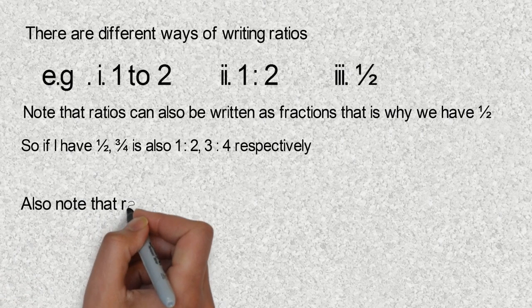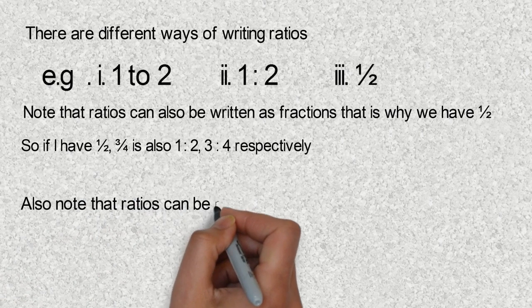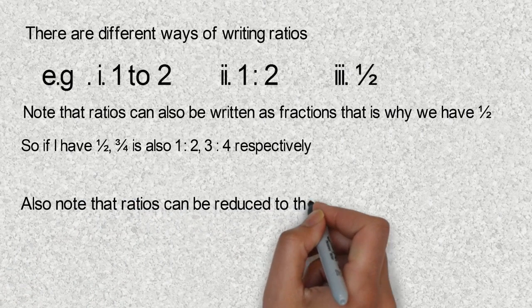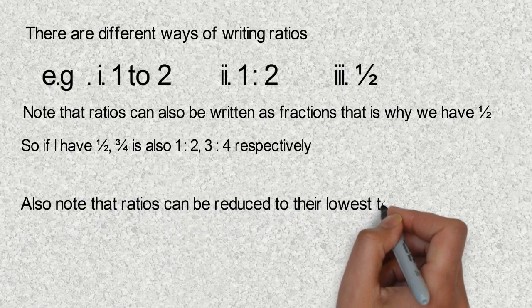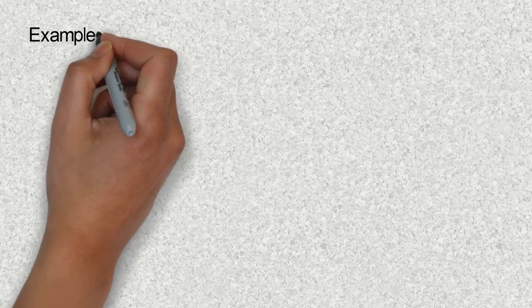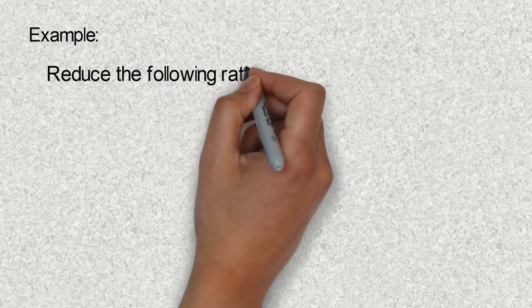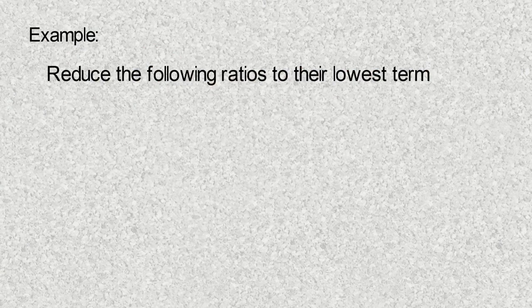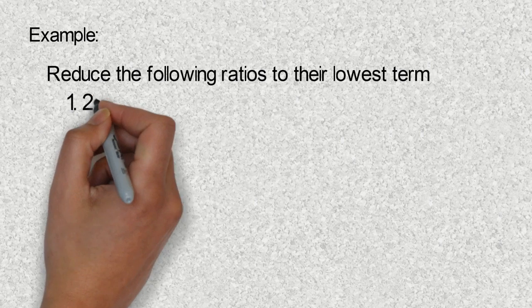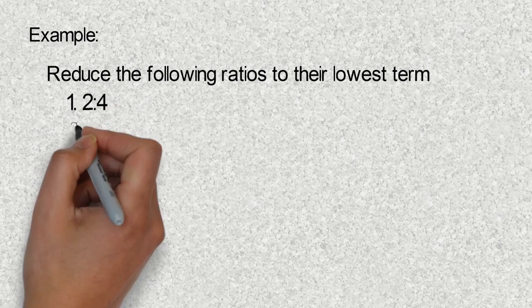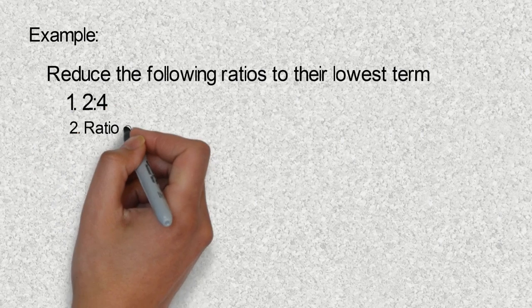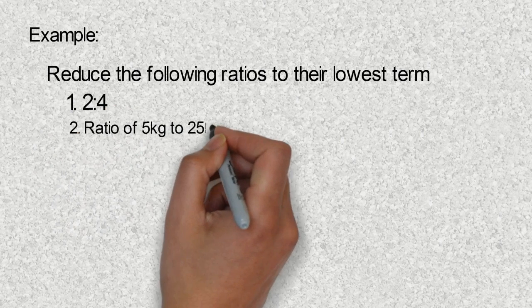Also note that ratios can be reduced to their lowest terms, just as we did in fractions in JSS 1. For example, reduce the following ratios to their lowest terms. I have 2:4, and the ratio of 5 kg to 25 kg. So how do we do this?